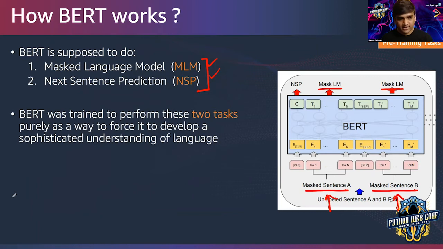So it's kind of a binary classification, and this classification is given by the first representation of CLS, and that is nothing but this one. And it can be, let's say, 0 or 1, where 0 means sentence B comes next to sentence A, and 1 means they do not come next to each other, right?